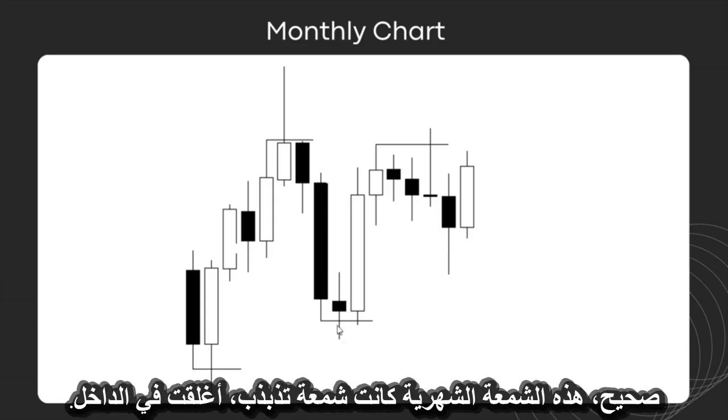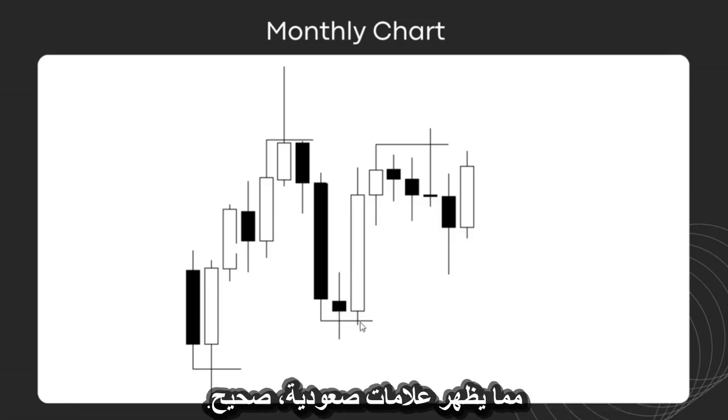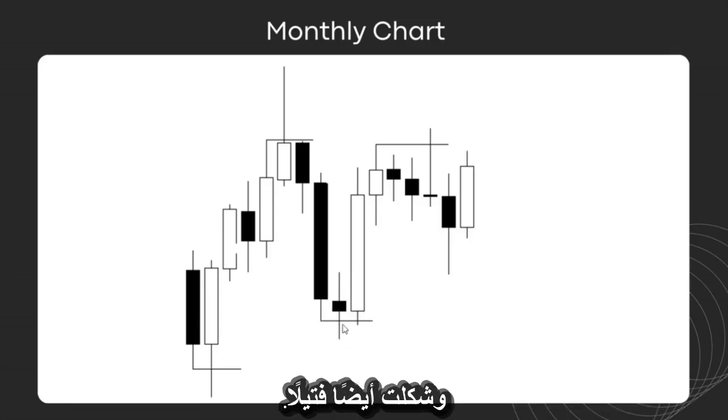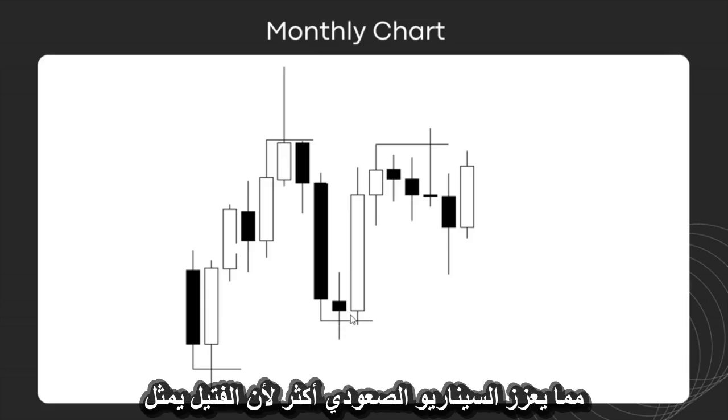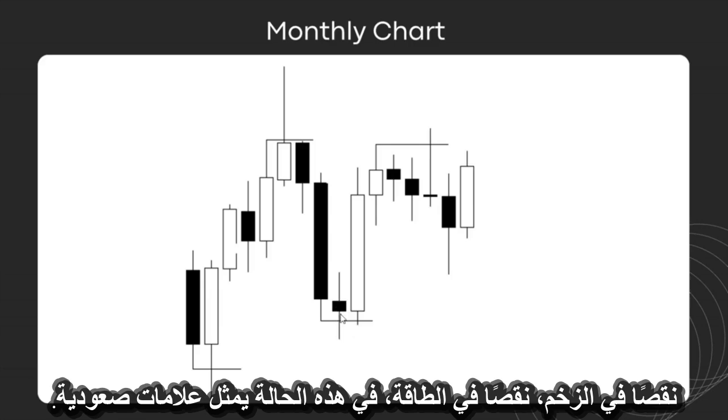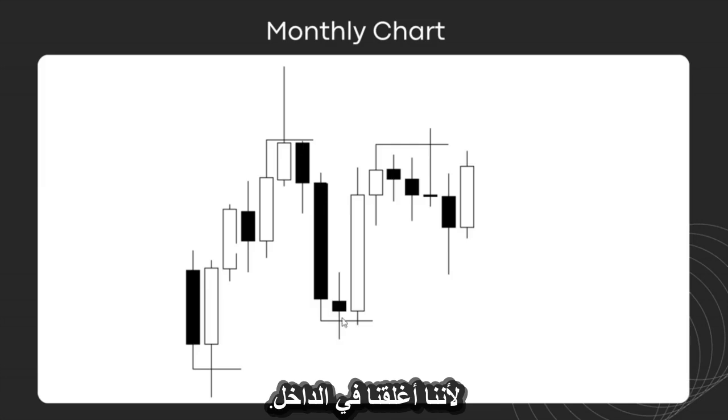So this monthly candle was a ranging candle. It closed inside, which shows bullish signs, right? And it also formed a wick, which enhances the bullish scenario even more, because a wick represents lack of momentum, lack of energy. In this case, it's representing bullish signs because we've closed inside and we formed a wick, right?